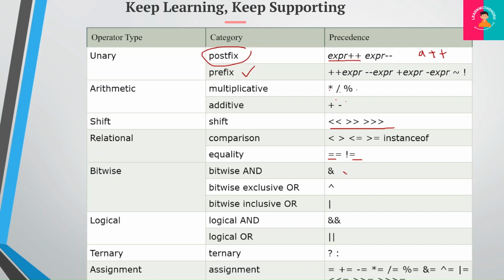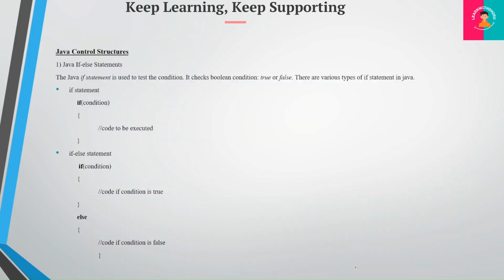Bitwise and, if both are true or one is true, inclusive or, logical and, logical or, ternary, and assignment. In assignment, equal to, plus equal to, minus equal to, multiplication equal to, division equal to, modulus equal to, logical or equal to, then greater than, all the comparison things will come.